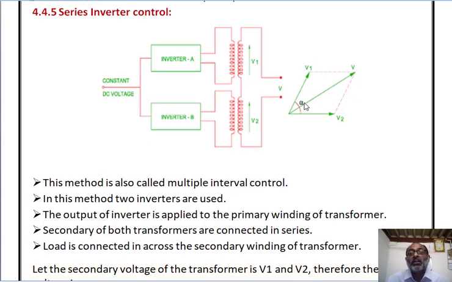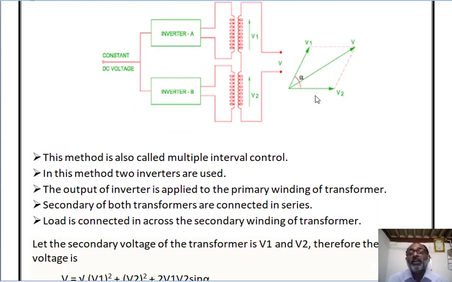So we will get the resultant V, that is the net V available across the load terminal. We can connect the load across these two terminals of the secondary winding.